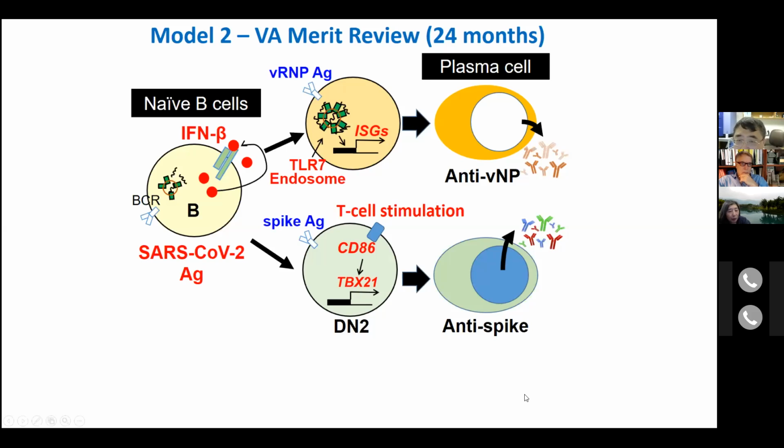Of course, Sharon helped quite a bit too, because initially it was something like interferon beta stimulates SARS-CoV-2, and then they develop this viral NP response, because that's definitely the NP pathway. The NP binds to the RNA, so NP RNA together signals through the TLR7 that stimulates the IgG, and that develops antiviral NP antibody. So we can understand that.